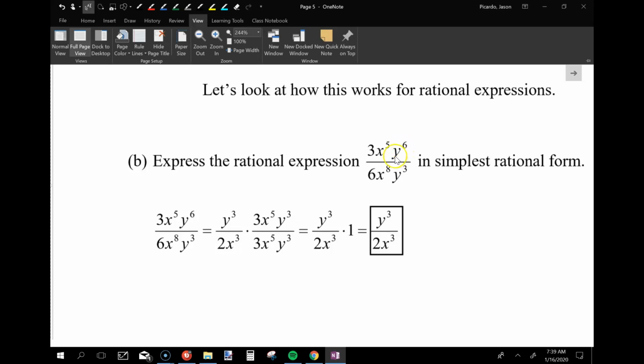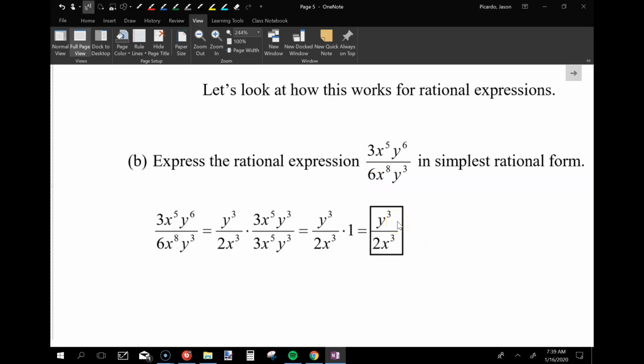So if I said x squared plus 3, how many terms? If I said x squared plus 3x minus 8, how many terms? If I said 4x, how many terms? So how many terms are up top? 1. Because what separates terms? Adding and subtracting. 1 term up top. How many terms below? 1. Anytime you have 1 term divided by 1 term, you're playing this game that I just showed you guys.